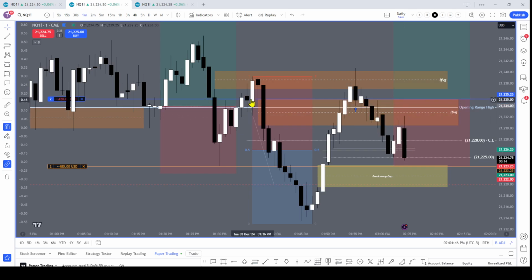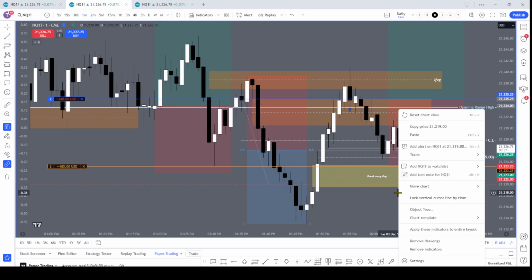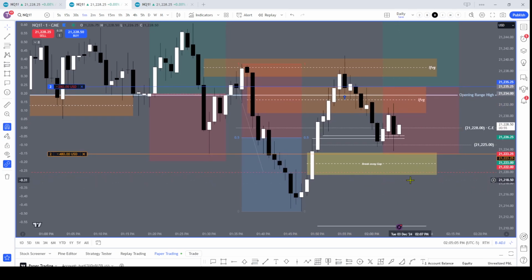Came back up into this, reclaimed fair value gap now. It's a SIBI. Missed the midpoint of it. Started to fall. Coming down. Inside of this SIBI here.